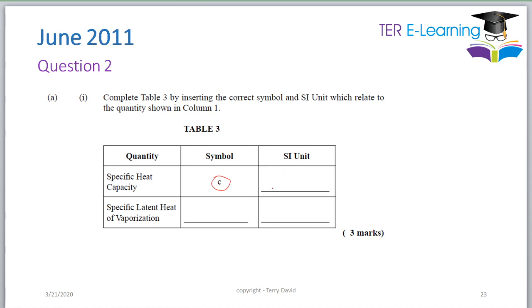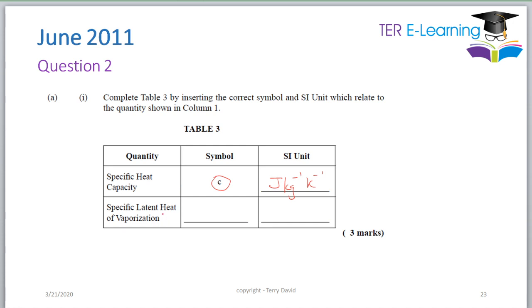So the unit in this case, for specific heat capacity, is joule per kilogram per Kelvin, right? It can also be joule per kilogram per degree Celsius, right? But the SI unit is joule per kilogram per Kelvin, right?